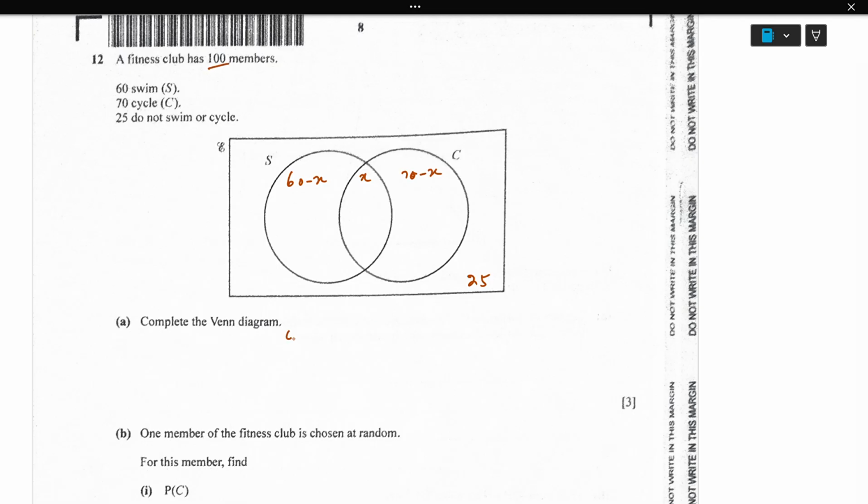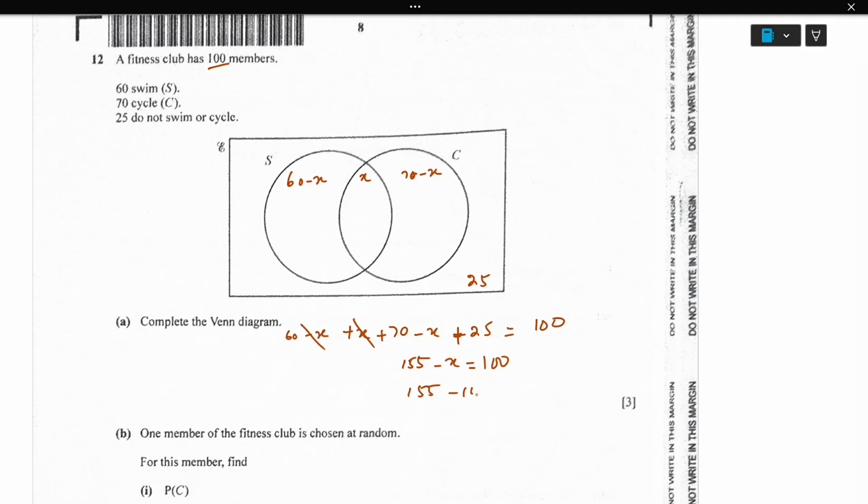Which is going to be 60 minus x plus 70 minus x plus 25 equals 100. So this x and x add up to minus 2x. Sorry, here 60 plus 70 is 130. 130 plus 25 is 155, minus x equals 100.